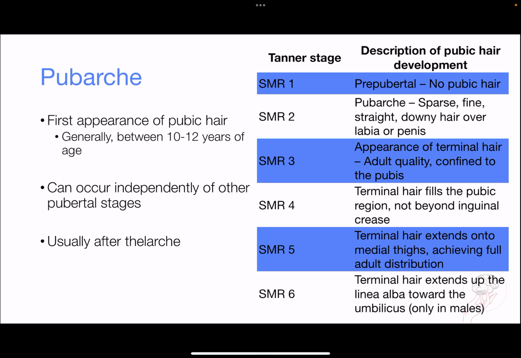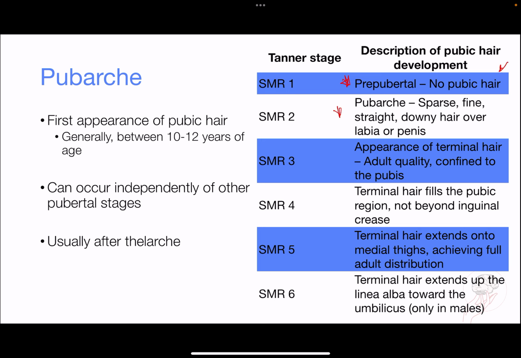So pubarchy is the first appearance of pubic hair, and this is generally between 10 to 12 years of age. And this can occur independently of the other pubertal stages, although it's usually after telarchy. So if we look at our Tanner stages, in the prepubertal stage, we see no pubic hair.